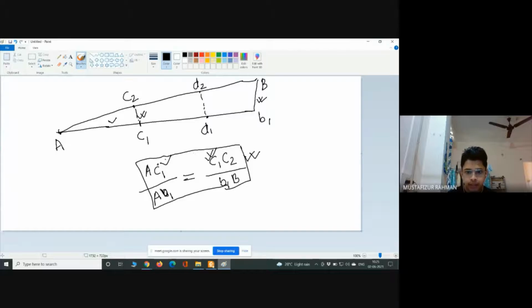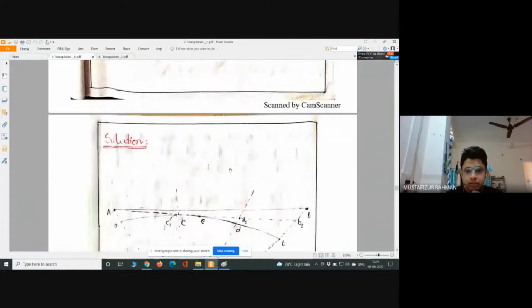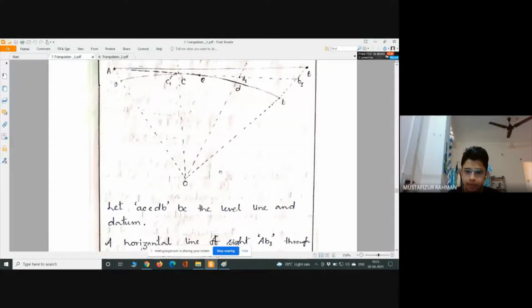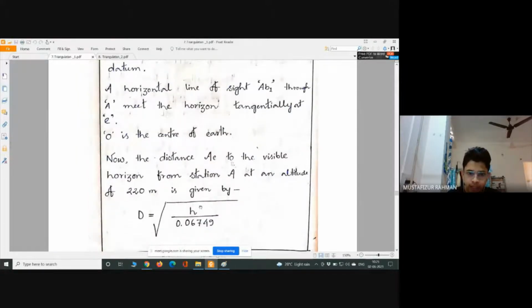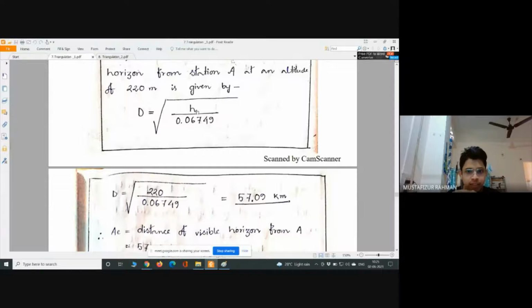Now let's go back here and see. So this is our condition. First, we are looking from point A to the horizon, and we are trying to find out C1, D1. We have the same formula that we used for the other problem. H is the elevation above the datum.